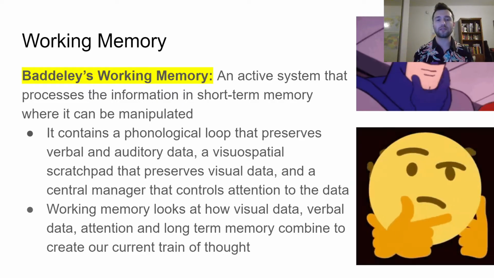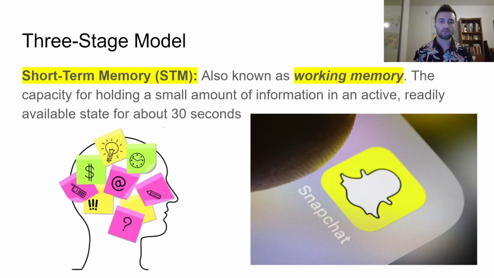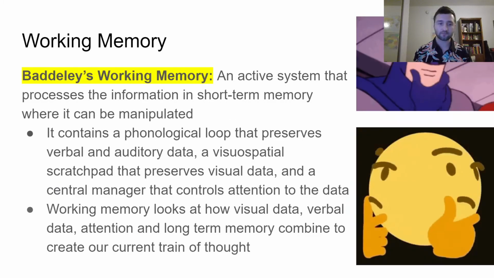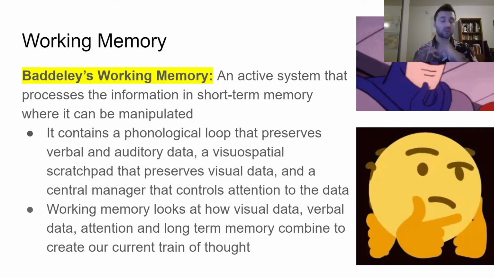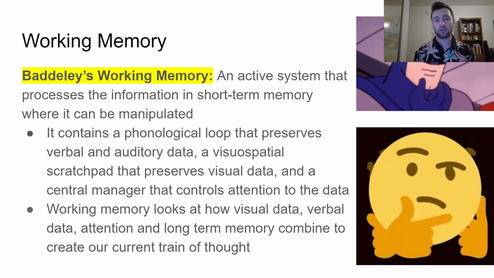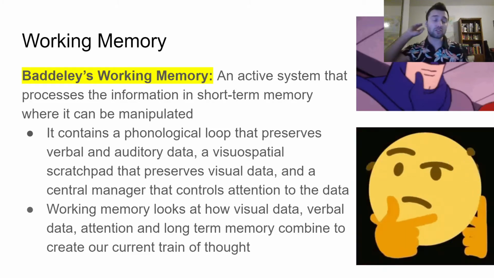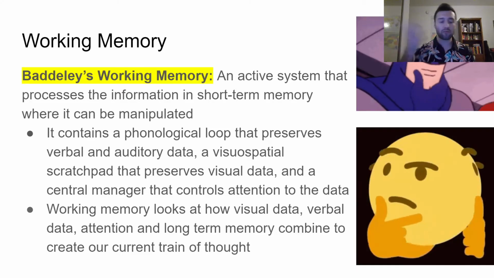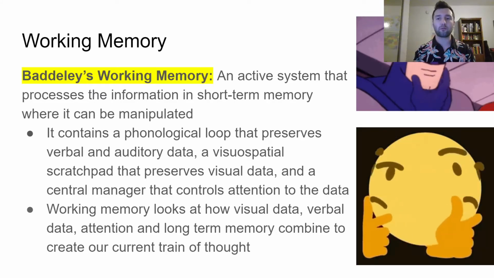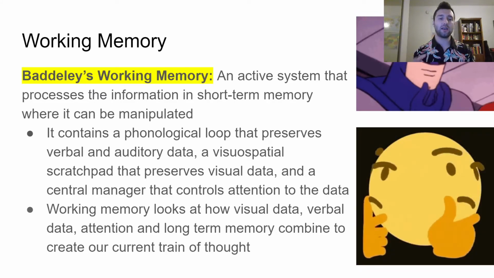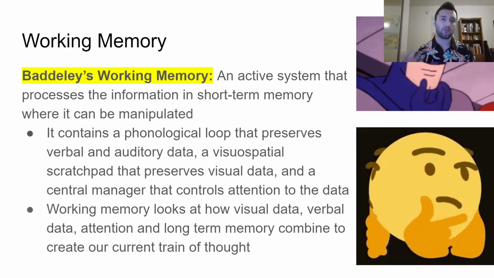What's important is the separation between short-term memory, holding a small amount of information in our head for 30 seconds, and working memory, where we are combining visual information, auditory information, information from our long-term memory, so something we remember or learned, or a skill we have, taking our attention, and then creating this train of thought.